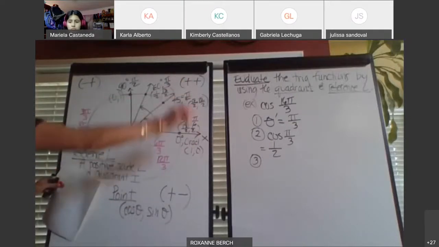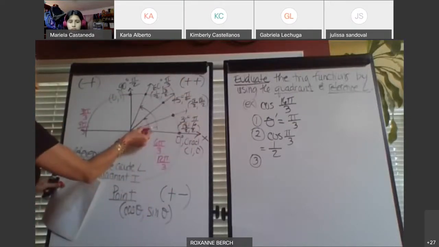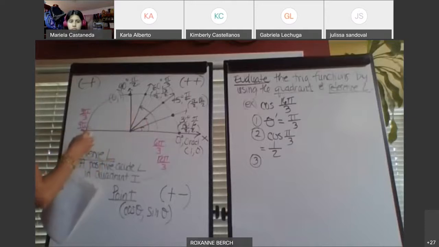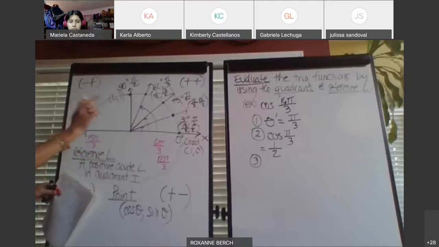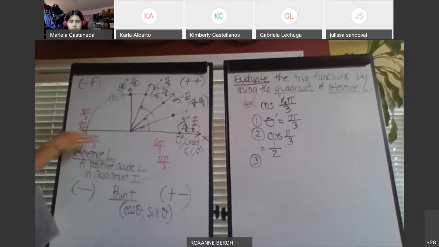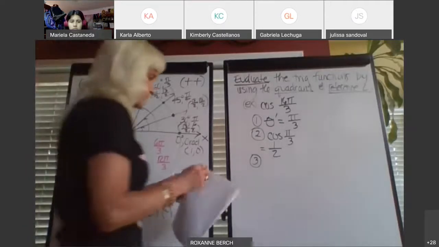So I'm still not close to 16. So this would be 13, 14, 15 pi over 3, and now I'm really close. And so by looking at this, we can determine that this angle is going to be in quadrant 3.